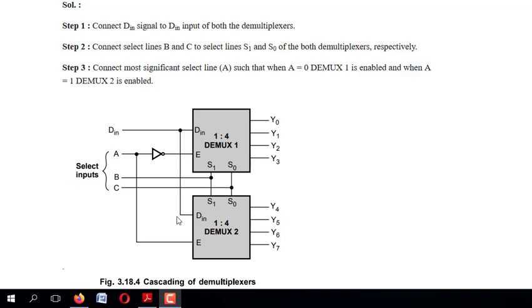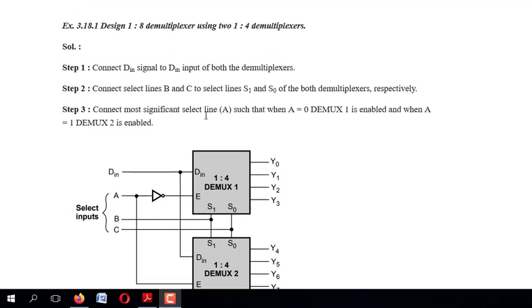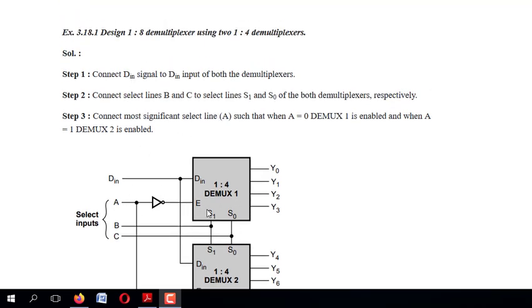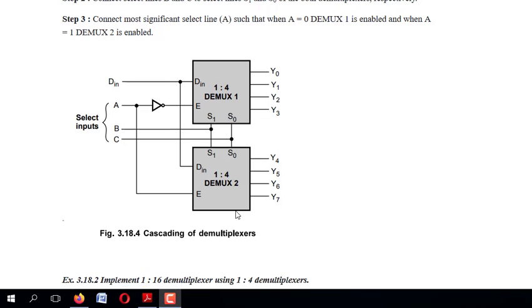Now you can get the outputs in Y4, Y5, Y6, Y7, but at a time you can get output in only one place. That is, you can get output in Y4 or Y5 or Y6 or Y7. That purely depends upon the activation of your selection lines, isn't it? So that completes the design of 1:8 using two 1:4 demux.